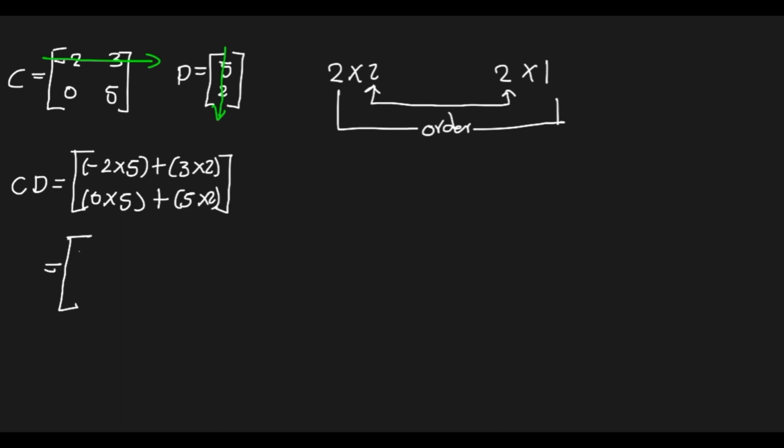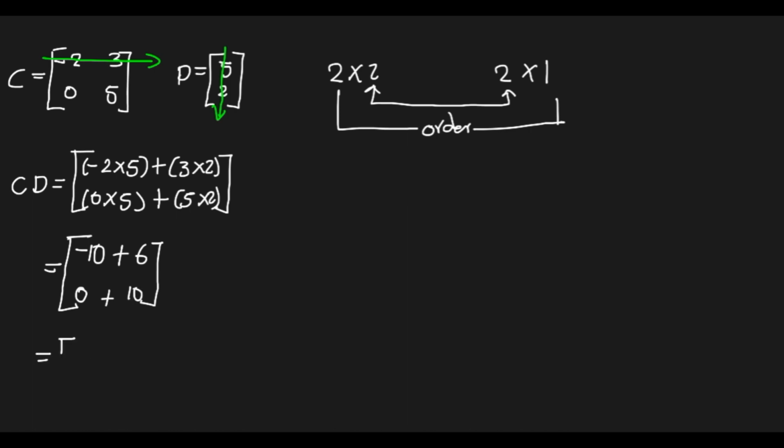So -2 times 5 is -10, plus 3 times 2, that is 6. 0 times 5 is 0, plus 5 times 2 is 10.